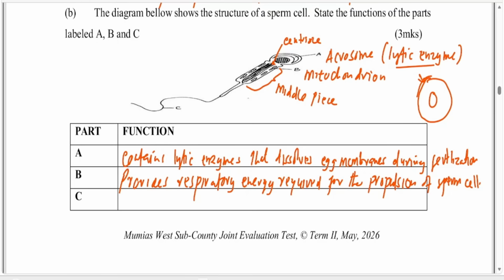We also have part C, which we say is the tail. The tail propels the sperm through the female reproductive system or tract.